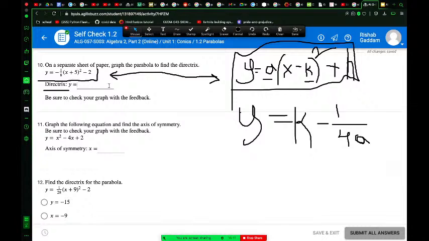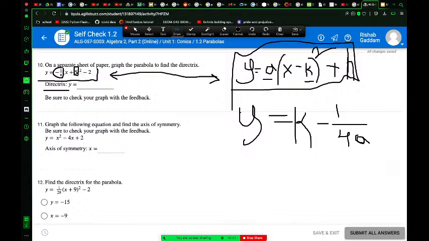Okay, Neil, I think it seems like you need some help. So basically, the value for k, the thing I underlined right here is right here. This is a because it's in the exact same spot as this a. So x stays x because x and y don't change, and h is this because it's in the exact same spot as h.